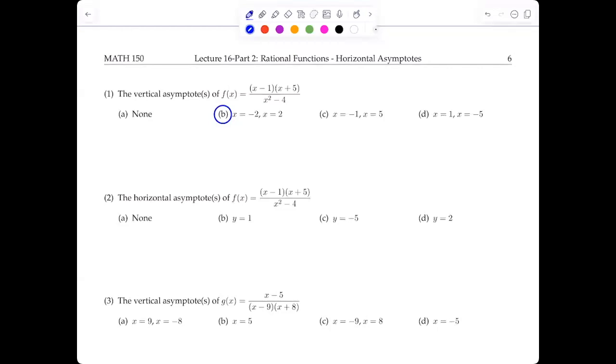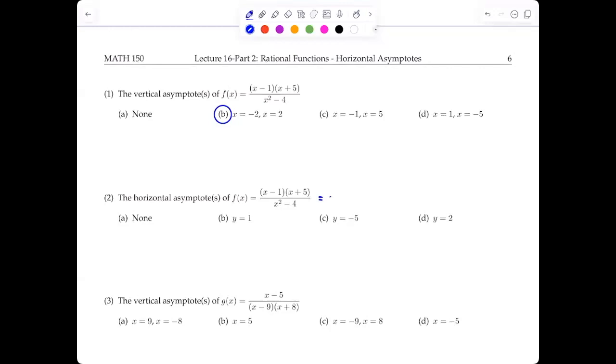It depends on the degree of the polynomial on the numerator. So let's identify the degree first. The degree of the denominator is easy to see, it's 2, but the numerator is a little bit hard to see. So what I'm going to do is expand, multiply it out for the numerator and see what type of polynomial function I get.